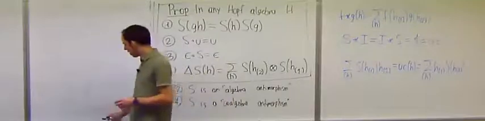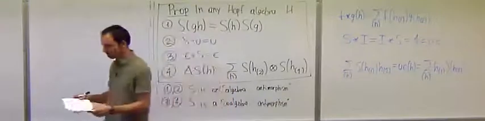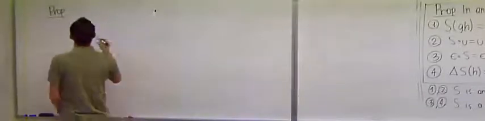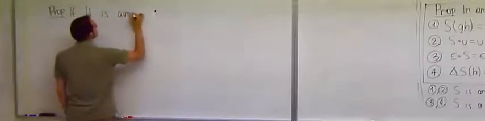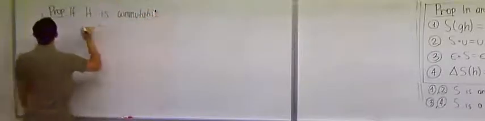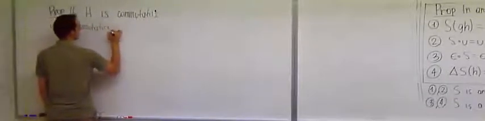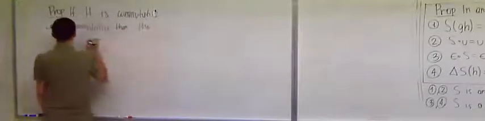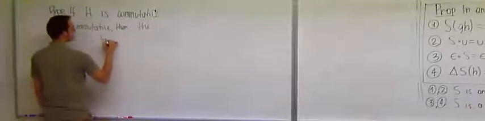Okay, so let's see what else we should show about the antipode. Here's another nice proposition, which is that if a Hopf algebra is either commutative or cocommutative, then the antipode S has order 2.